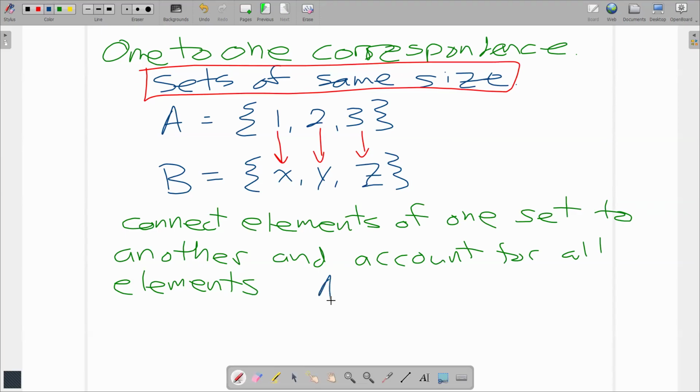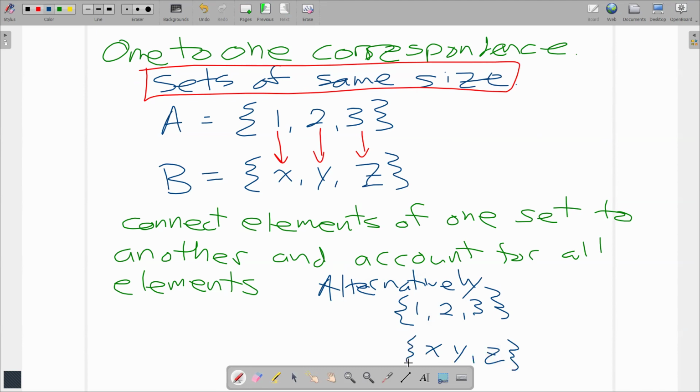Alternatively, I could have taken the set 1, 2, 3 and the set X, Y, Z. And I could have said, well, let's let 1 connect to Y, and 2, you can connect to X, and 3 you connect to Z, and I'm still okay.